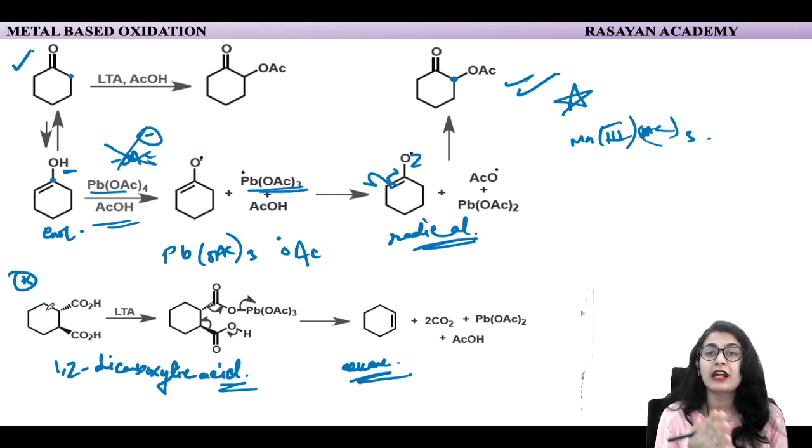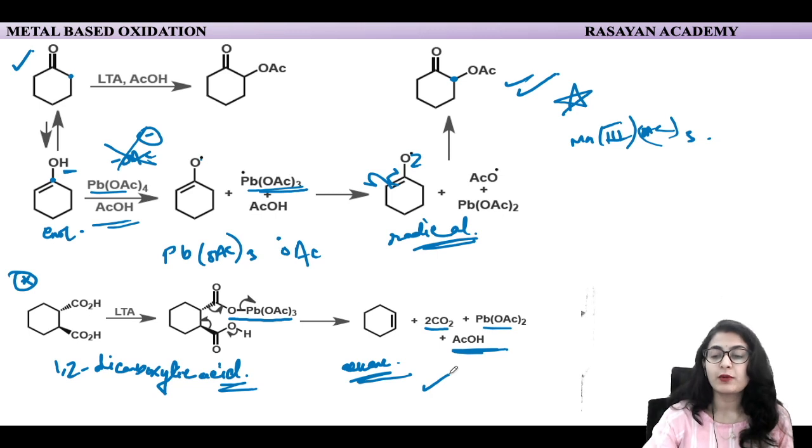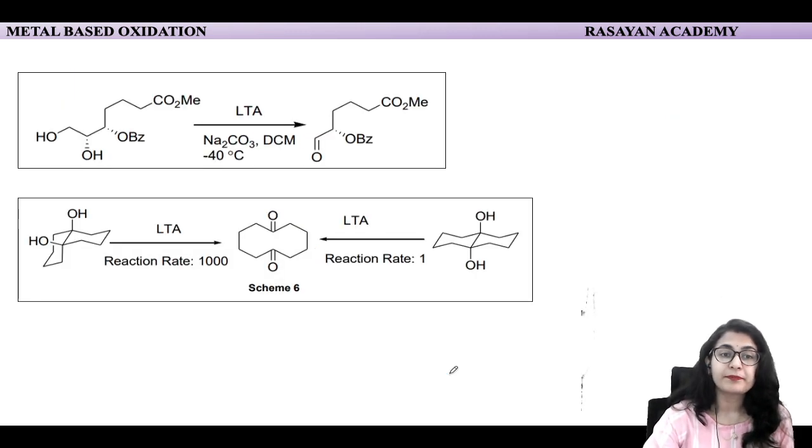If 1,2-dicarboxylic acid is present, they are going to break and give you an alkene, and these are all the side products. There will be two CO2 elimination, and I hope that you understand how this happens. Once again, this is going to break in radical form, take out a hydrogen, and that gives you one acetic acid molecule, and the rest of the molecule is going to fall apart in this way, a fragmentation, to give you alkene. Very, very important.